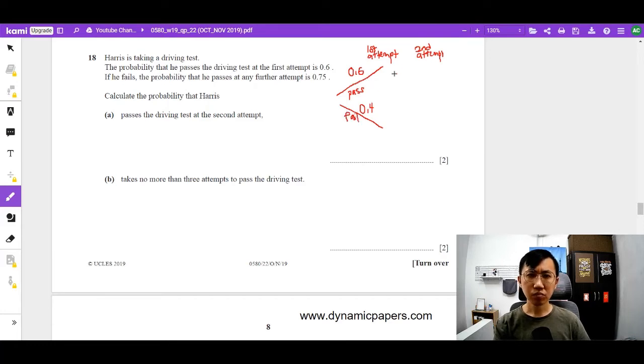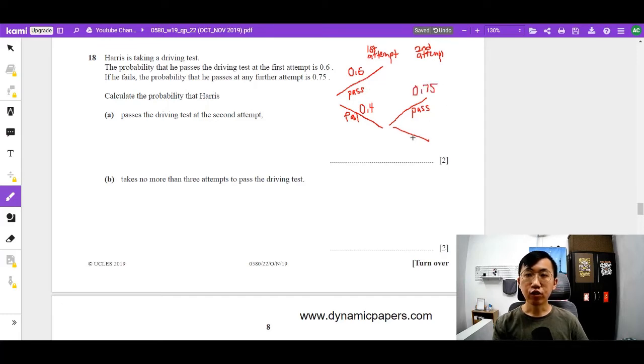Okay, now if he fails, the probability that he passes at any further attempt is 0.75. So go through this branch. When he failed the first test, it can branch out to another two possibilities onwards. So he can pass at the second attempt, and the chance of him passing after that is now 0.75.